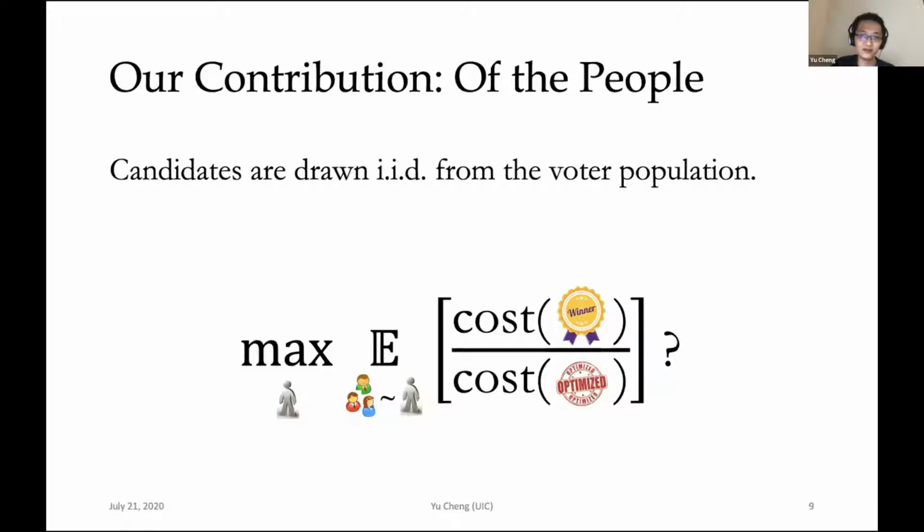The only thing you choose is your voter distribution and your voting rule. After that, this quantity can just be computed, where the candidates are drawn IID. Any questions? This is the most important thing. Instead of studying the worst case, you study this quantity, which is one notion of average case voting, and is the notion that we went with.